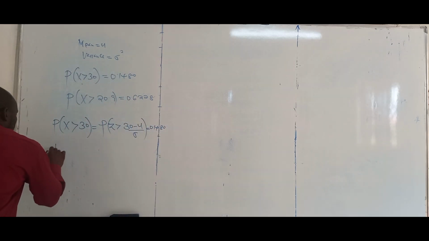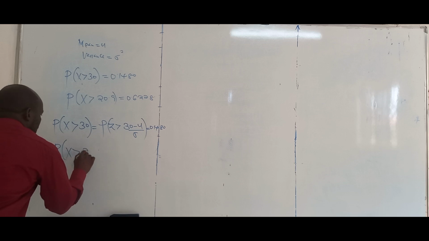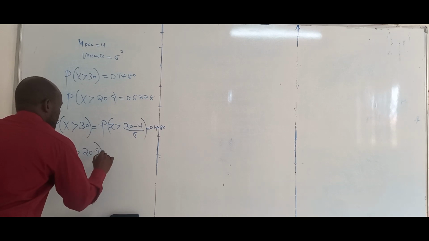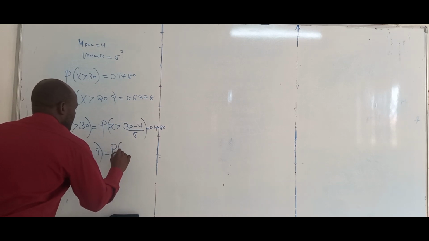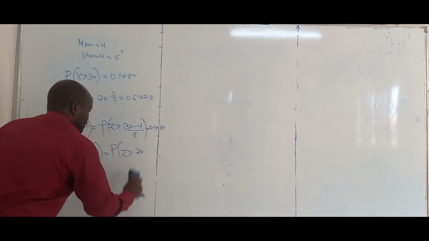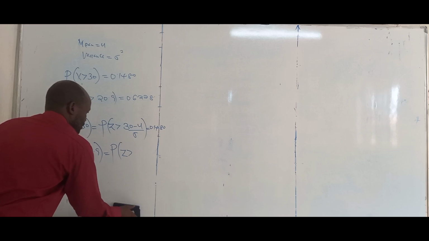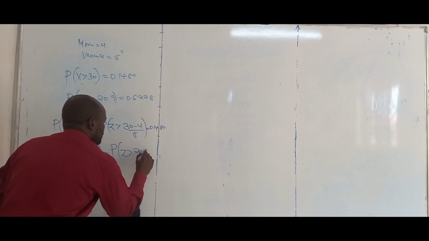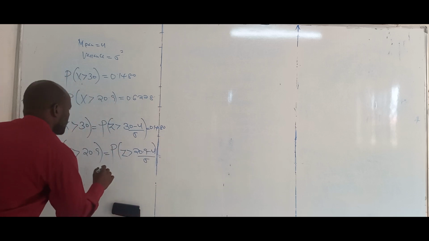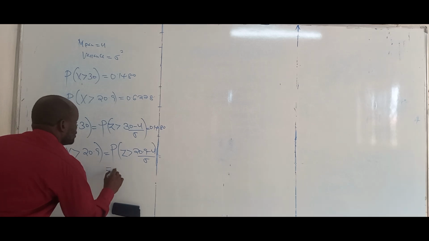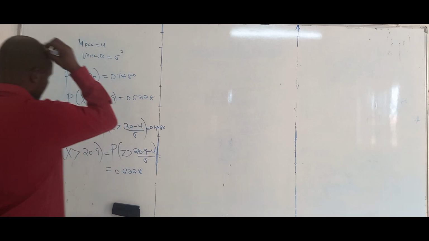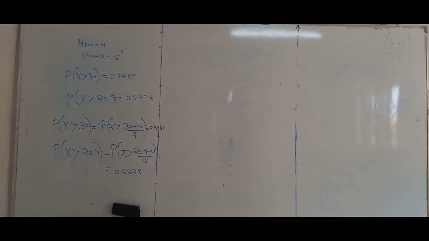Then two, the probability that X is greater than 20.9 will be given by Z greater than (20.9 minus the mean) over the standard deviation, and that we are given to be 0.6228. Yes, those are the two expressions we are given.